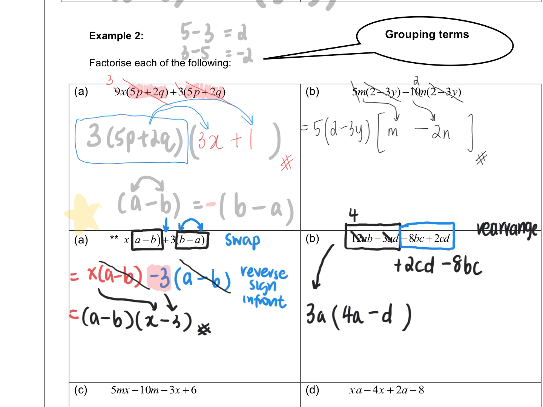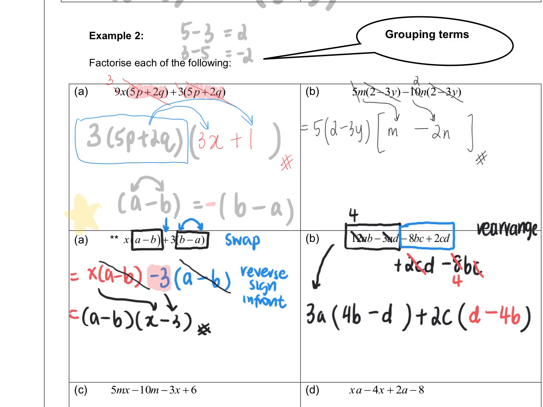For B, my bad. Okay? Why I rearrange is so that I don't have to put a negative here. So I take out 2C for these two. So 2C, left D. I take out the 2, left minus 4B. Can you see the same but different case again?